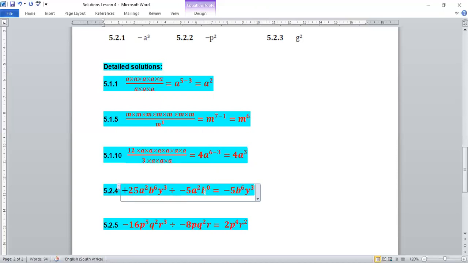So even though there is no b, we create one, because anything raised to the exponent 0 is 1. So b to the exponent 6 divided by b exponent 0 is just b exponent 6. Similarly, by doing that, and we know y to the exponent 0 is 1, so y cubed divided by y to the 0, which is 1, is y cubed.